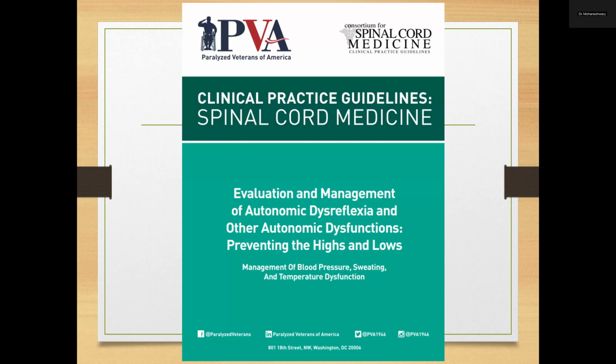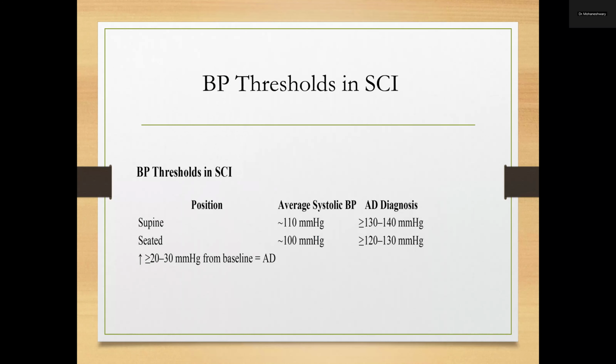Okay, so we commonly use these guidelines for our evaluation and management, on how to manage autonomic dysreflexia and other dysfunctions. I would just like to emphasize this BP threshold in our spinal cord injury patients.